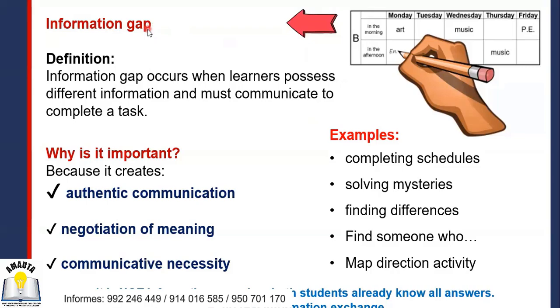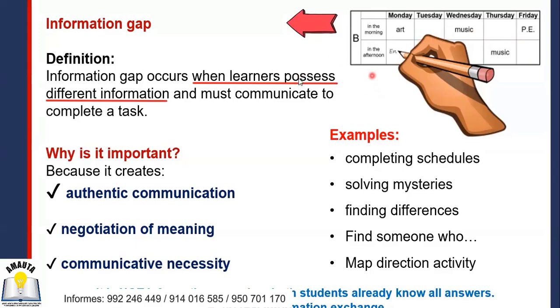I also mentioned this type of activities in the first session, if you remember. Okay, so information gap activities occur when students have different information, right? There are some blanks they should complete, right?